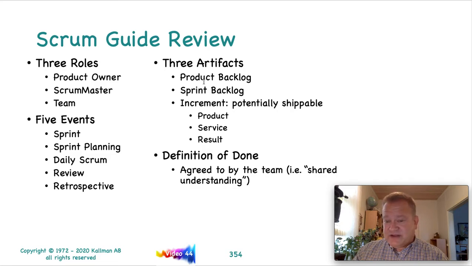The artifacts produced are your product backlog, the sprint backlog, and the increment of the potentially shippable product, service, or result. The definition of done needs to be agreed to by the team, that is, they have a shared understanding. And remember, in the 4D model: define, distill, agreement, that's a shared understanding, and then you can deliver, and then you can drive via retrospective and so on.